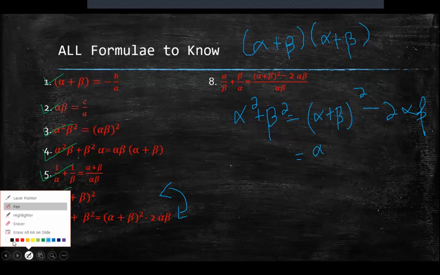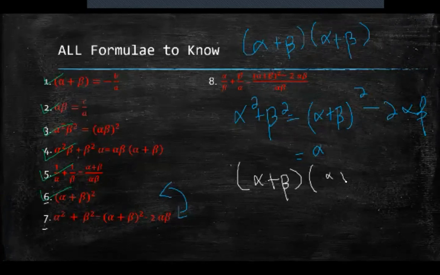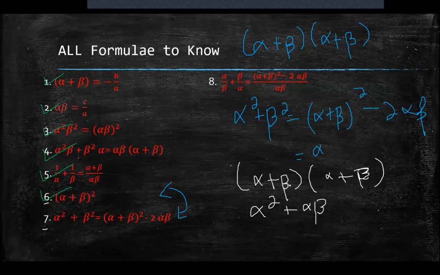All right, let me just go through this. To expand these brackets, alpha plus beta and alpha plus beta, it will be alpha times alpha, alpha squared, and alpha times beta, alpha beta. Then we move on to beta.